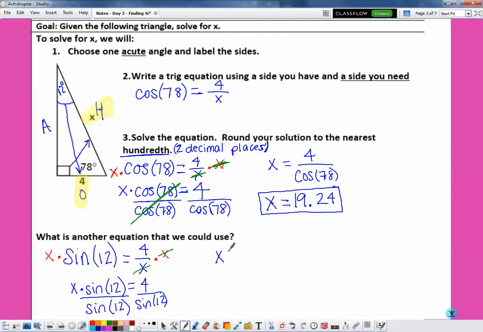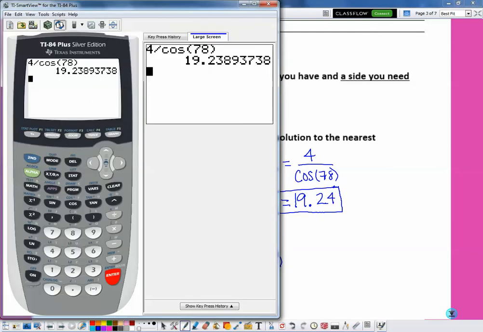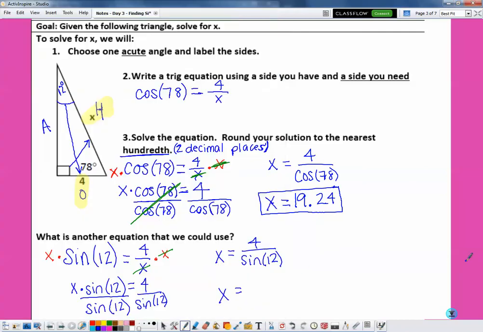So we get that x equals 4 over sine of 12. So x equals, let's check it on our calculator, 4 divided by the sine of 12. Came out to be the exact same thing.